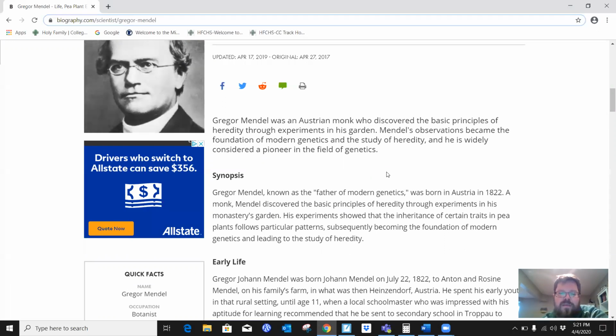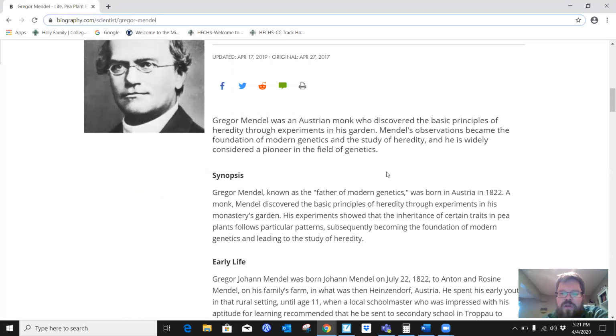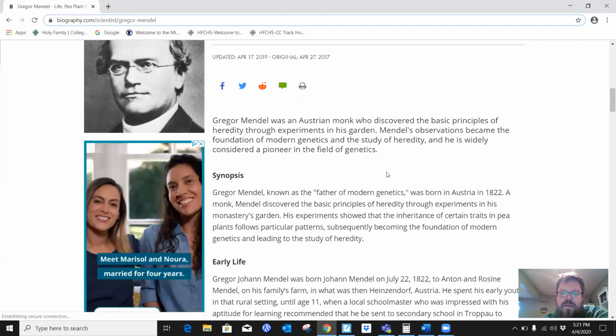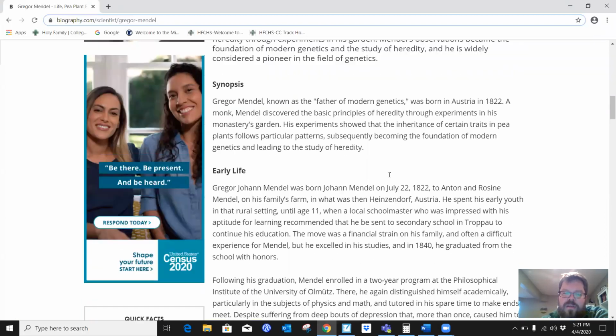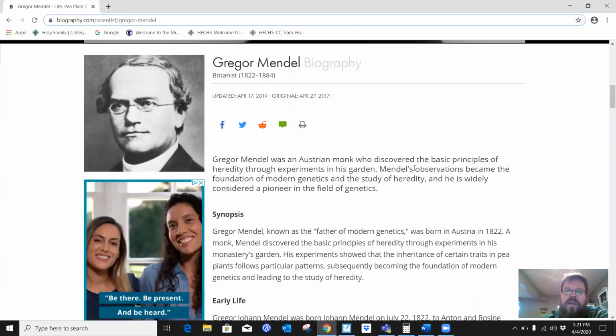He grew up in a rural community, not of any real high means. He made his way into working at a monastery in Austria, and lived a solitary life in a sense as an Austrian monk.